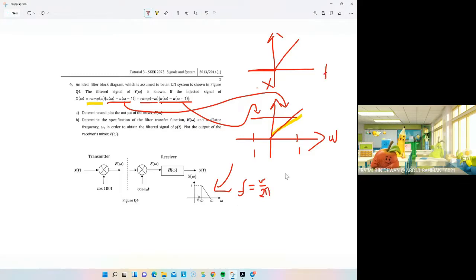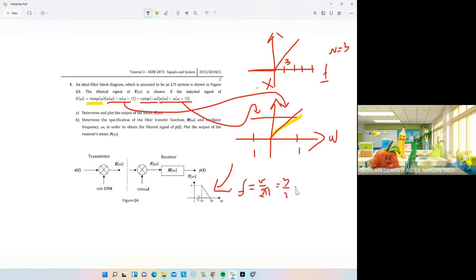But remember, f is actually omega over 2 pi, so the value here will be different. If this omega is 3, for example, you cannot use 3 here if the axis is f, because it will be 3 over 2 pi.